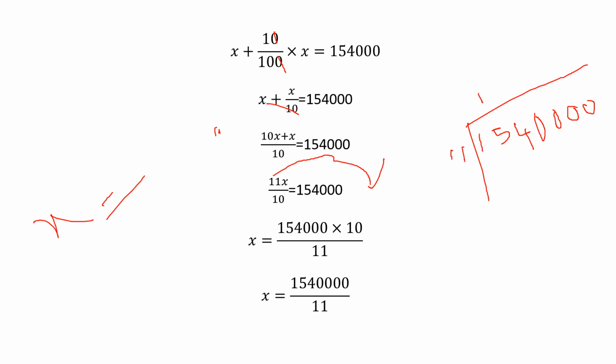1 11s are 11. Right? Now 5 minus 1, 4. Bring this 4 down. 4 11s are 44. Right? 0. How many zeros are here? 1, 2, 3, 4. So what you got here?